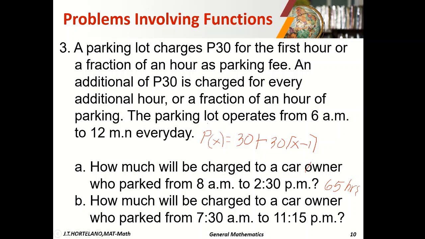Okay? 12, tapos hanggang 7:30 yan, tapos 11:15 p.m. So ibig sabihin, meron tayong nasa ilang oras lahat? 15 point, may 15 minutes, so 15.75 hours. So, tandaan nyo yun, ha?